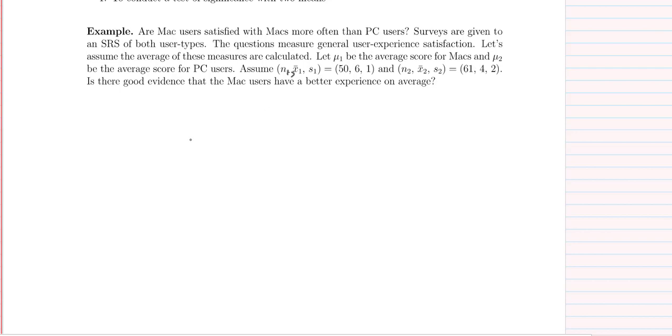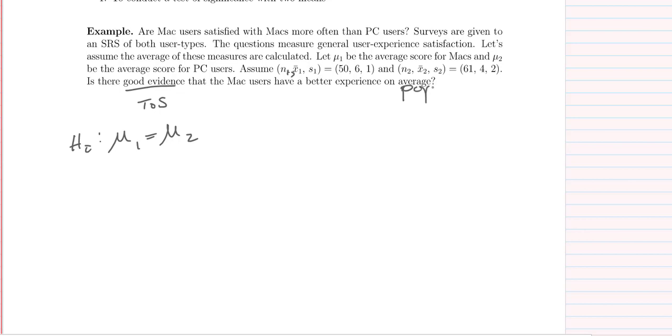Is there good evidence that Mac users have a better experience on average? This tells us that this is a test of significance. So our null hypothesis is that mu1 is equal to mu2.